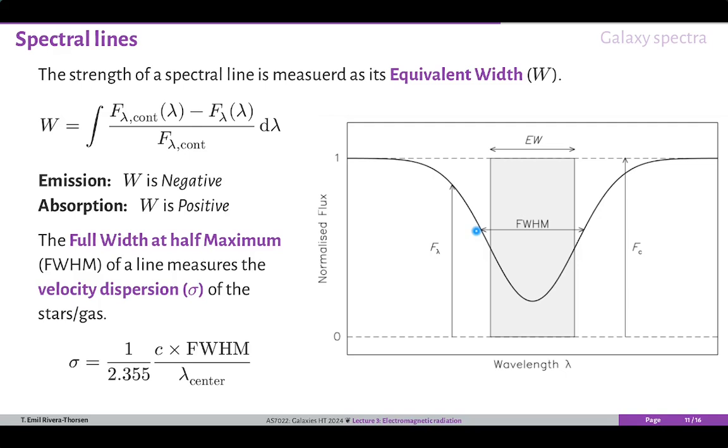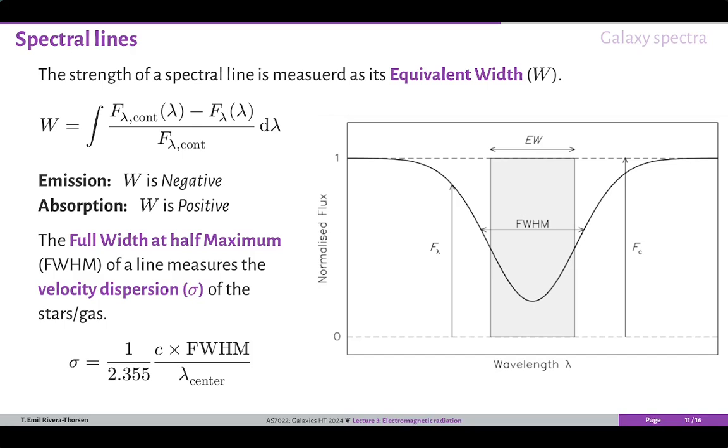That is called the full width at half maximum. You can have lines that are very broad and very shallow, and you can have lines that are quite deep but quite narrow. And these can have the same equivalent width, but very, very different full width at half maximum.